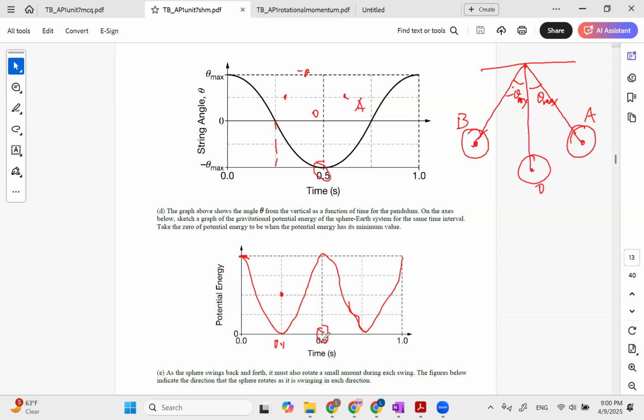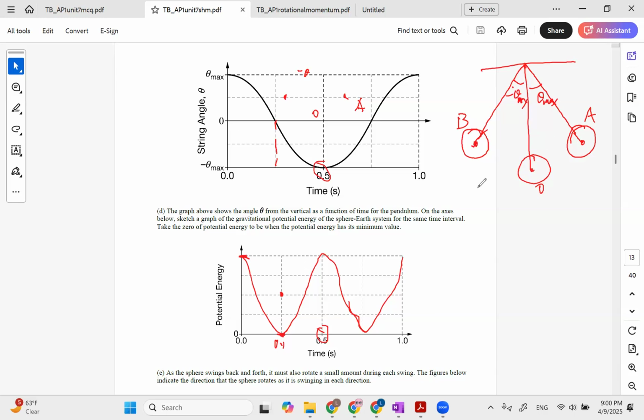So your potential energy is where? At O. At O is 0.25. That's theta equals 0. That's why potential energy is minimum. And then when you get to B, maximum again.